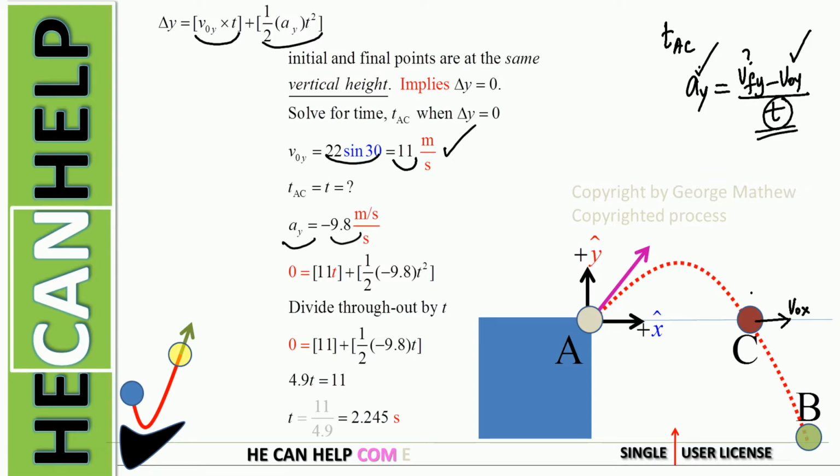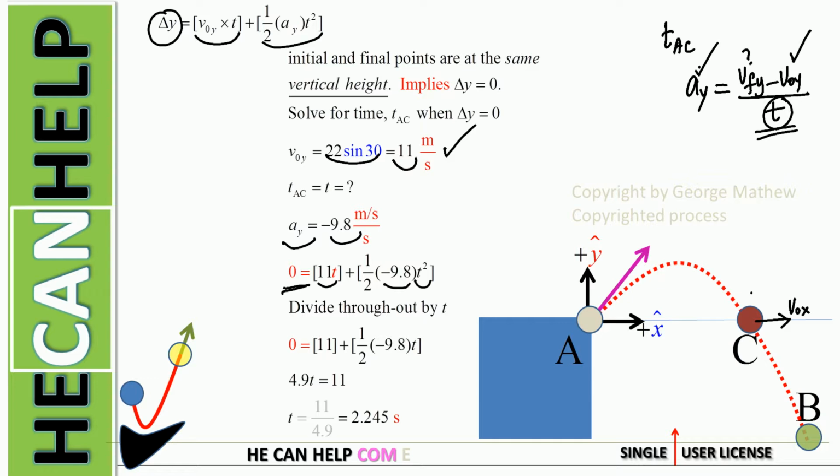So because of that reason, we can make delta y equal to 0. So initial velocity along the vertical, 11, times time plus 1/2 acceleration along the vertical, negative 9.8, times time squared.